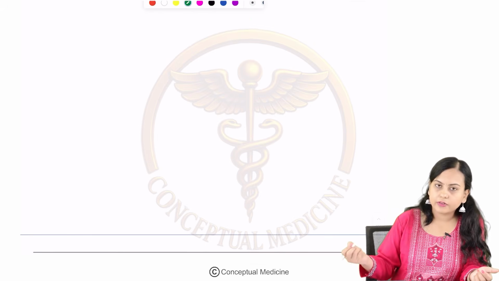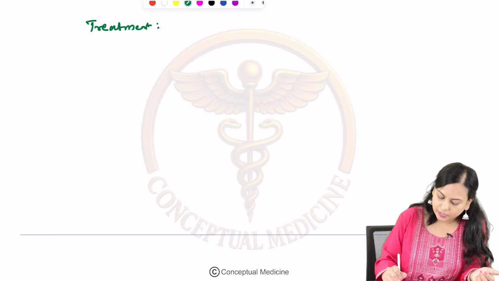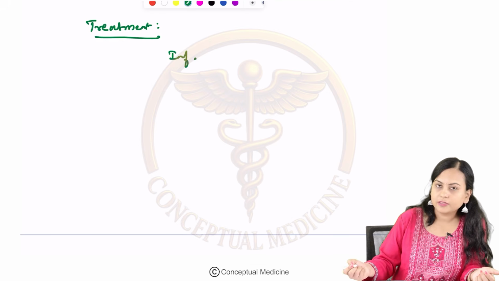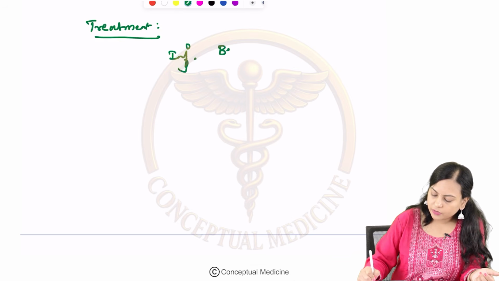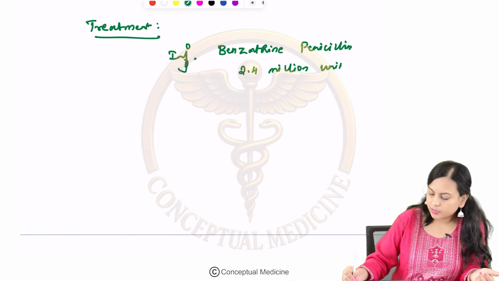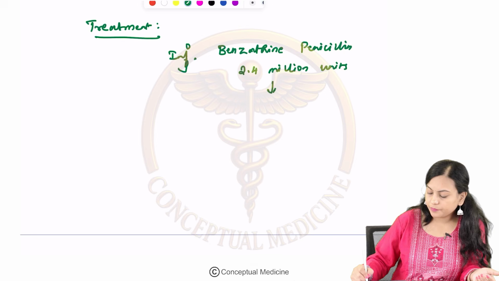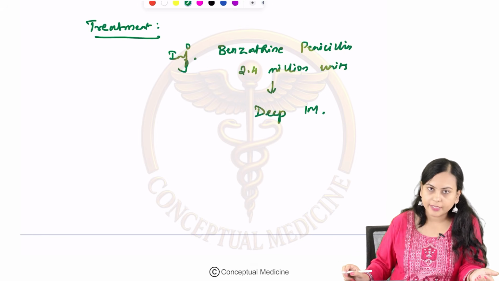Now we'll see the treatment. So for treatment, we'll be giving injection benzathine penicillin. So we are going to give injection benzathine penicillin 2.4 million units, that is given as a deep intramuscular injection. Clear?